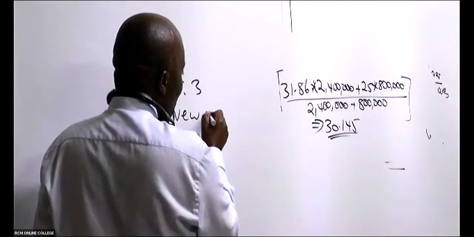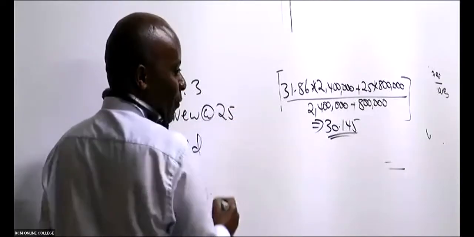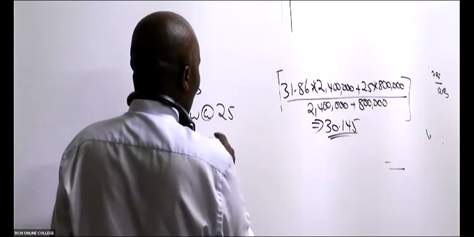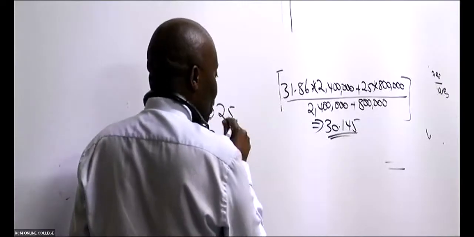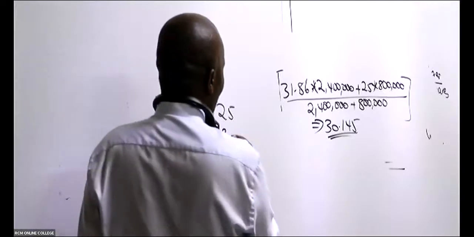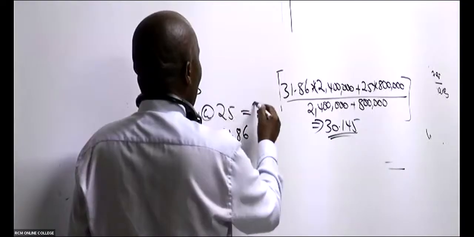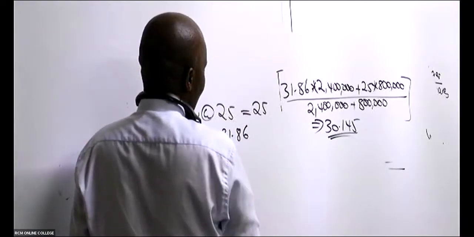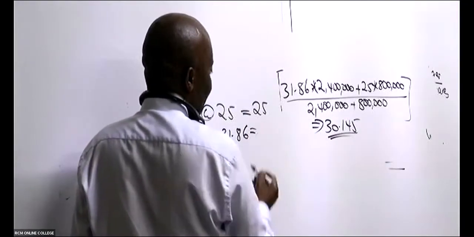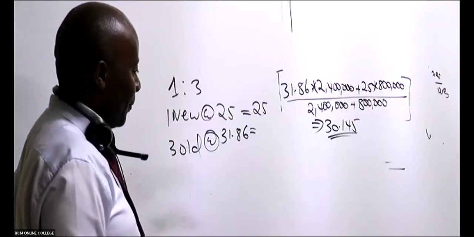So 1 new, the rights share, is going for 25. These 3 old are at a price of 30, but because of the new venture, it became 31.86. So could you kindly multiply? 1 times 25 gives me 25. How about 3 times 31.86?